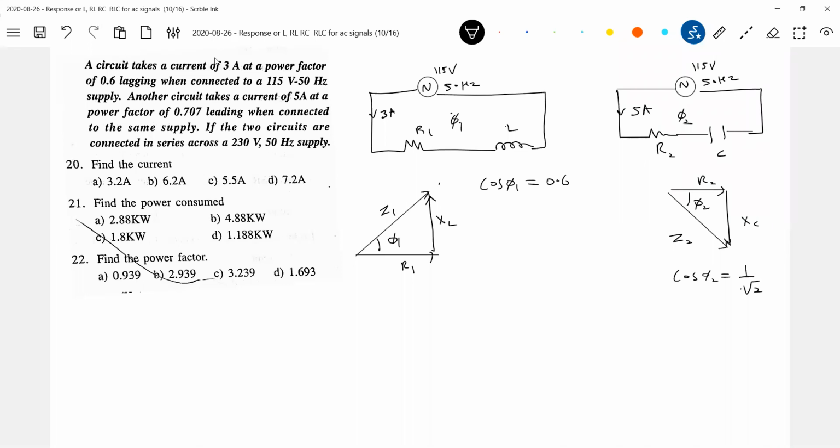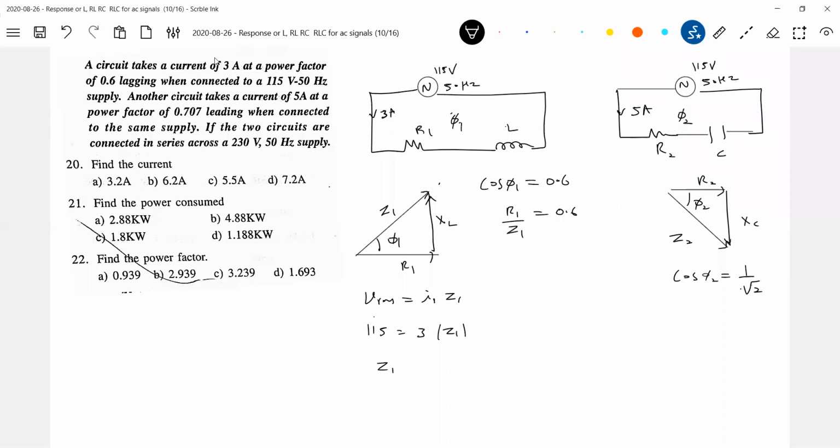Looking at this, what you can write: cos phi 1 is R1 by Z, impedance. And we know how you write VRMS. VRMS should be equal to I1 into Z1 across the total circuit. We know VRMS is 115, I1 is 3.